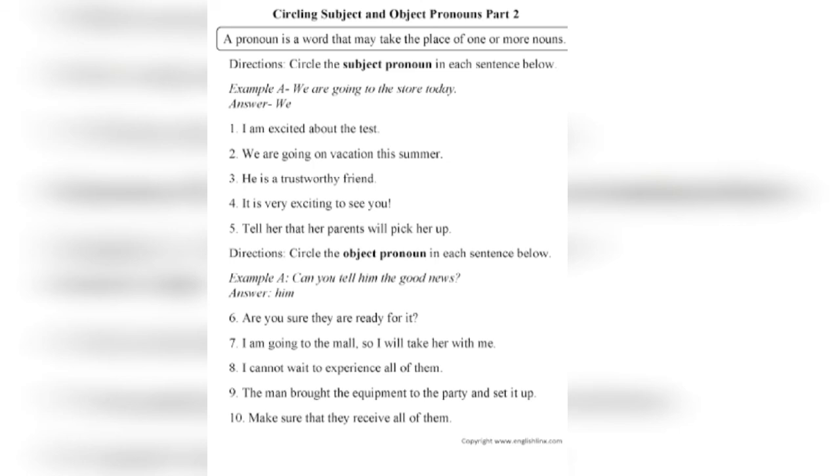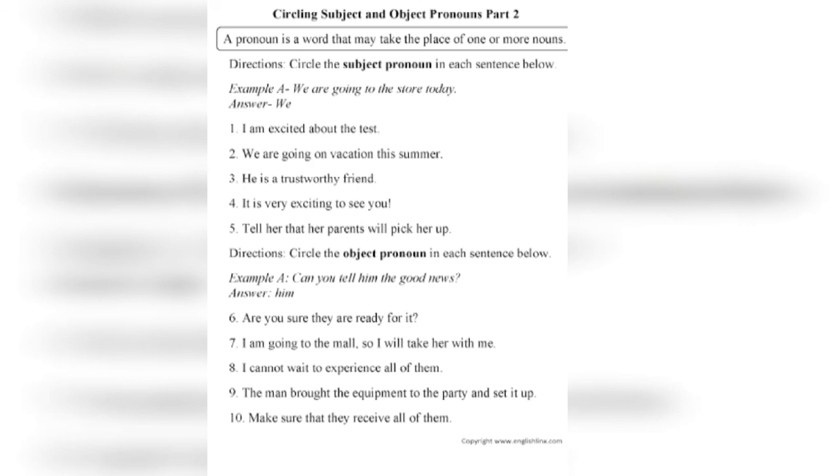But in place of my name, I am writing I am excited about the test. I is the pronoun used in place of our name. So circle I. Number 2, we are going on vacation this summer.